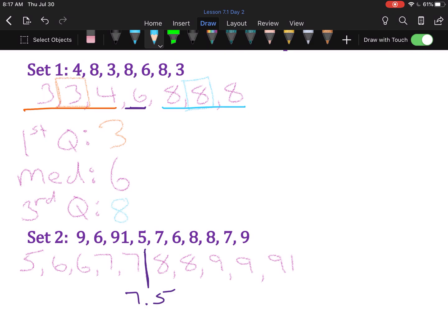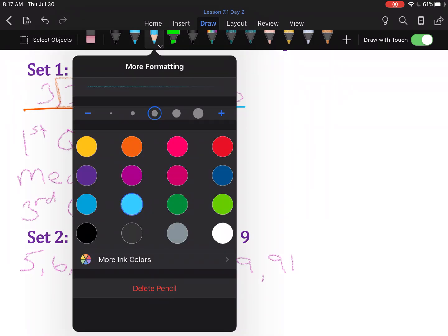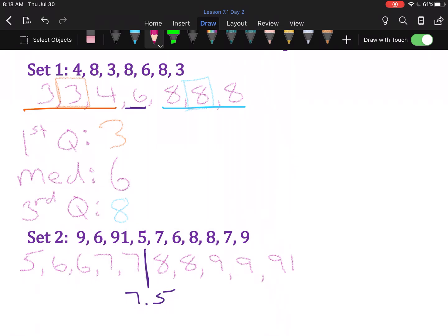So the third quartile is 8. Interquartile range, IQR, is just third quartile minus first quartile. So here it is 5.